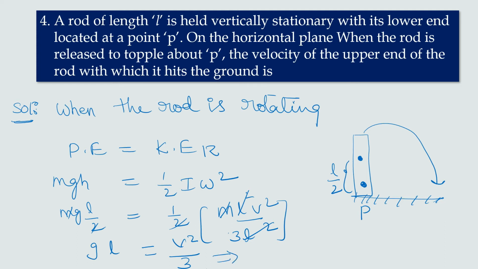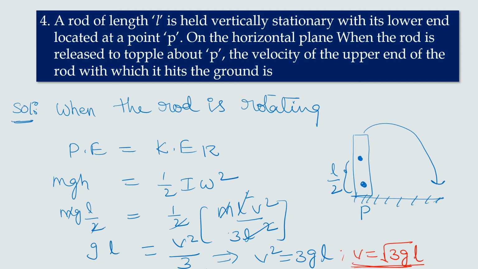So from this, taking cross multiplication, v square is equal to 3gL. So at last the velocity of the upper end of the rod with which it hits the ground, v, is equal to square root of 3gL.